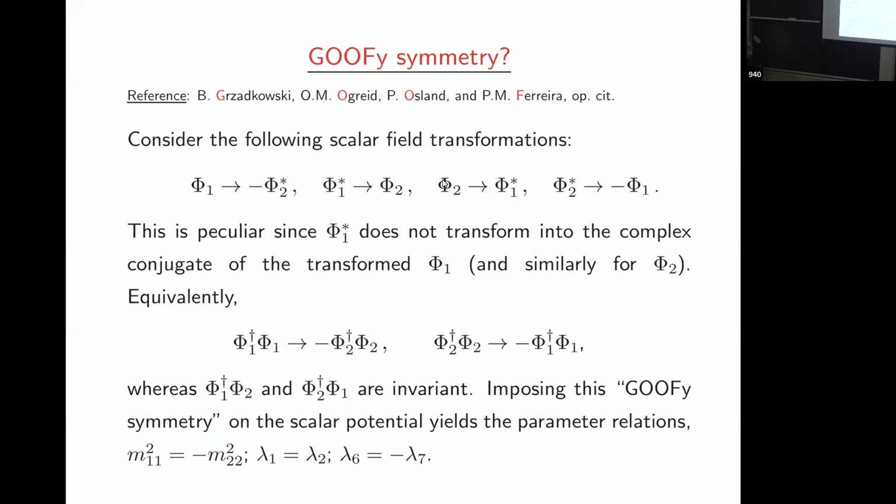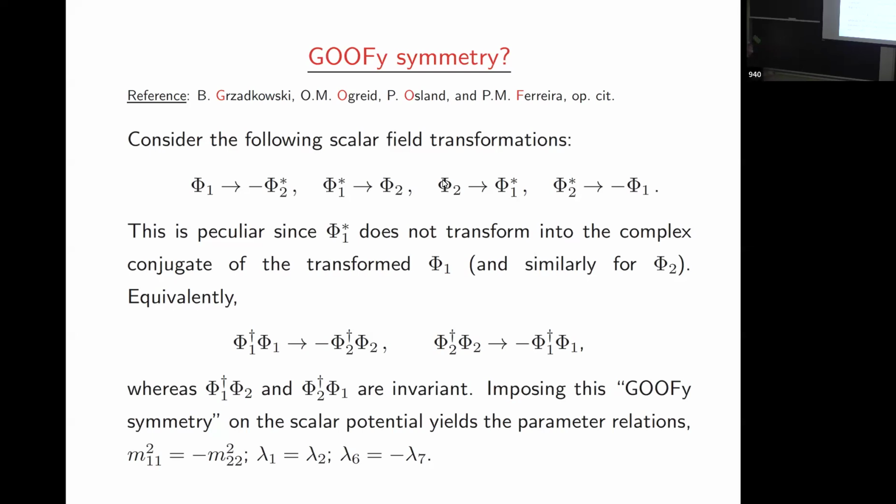Here it is. I saw this and I said, come on now, give me a break. Phi 1 star does not transform into the complex conjugate of the transform of phi 1. How is this a meaningful transformation? But let's put that aside for the minute.